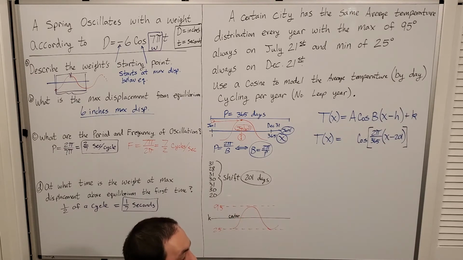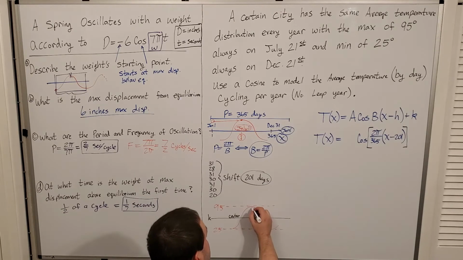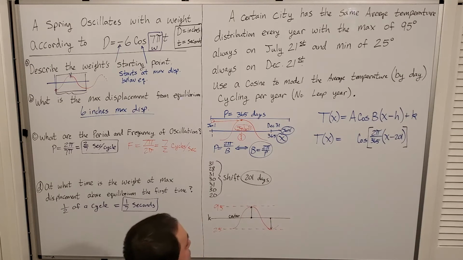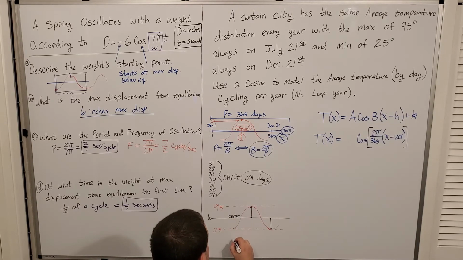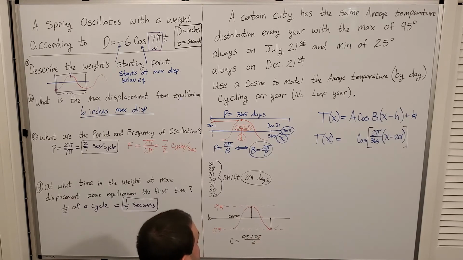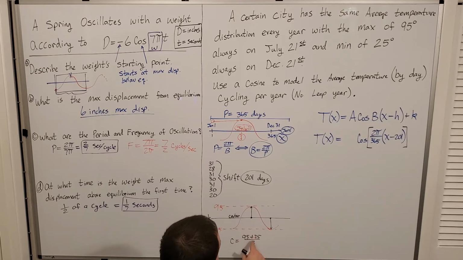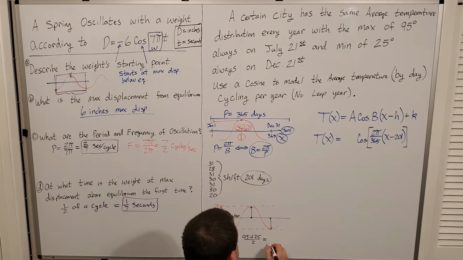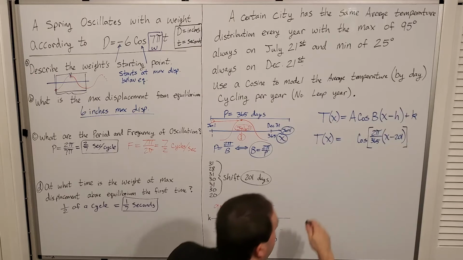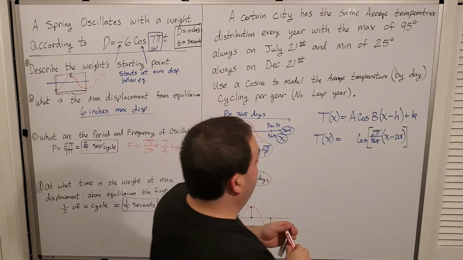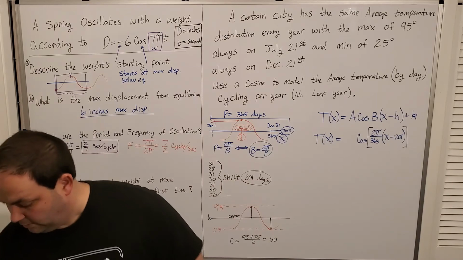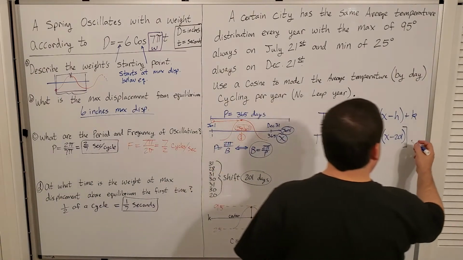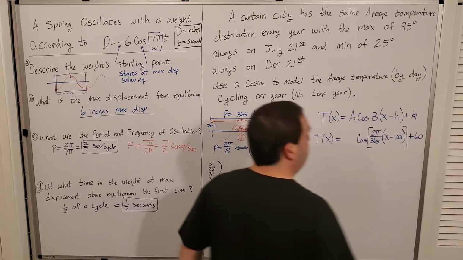That's going to be my shift upward into the positive. And then the distance from that center in either direction is going to be my amplitude. Okay, so let's find that center first. The center is going to be the average, 95 plus 25 divided by 2. So that's 120 divided by 2, which is 60. So then my shift up from the center, whoops, put the wrong one down. My shift up, I should have plus 60 here.